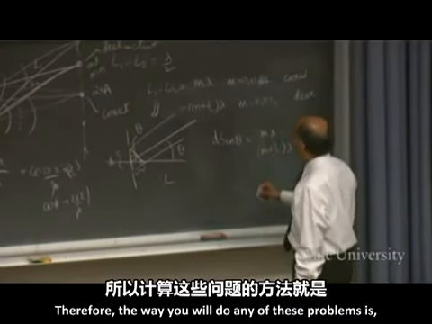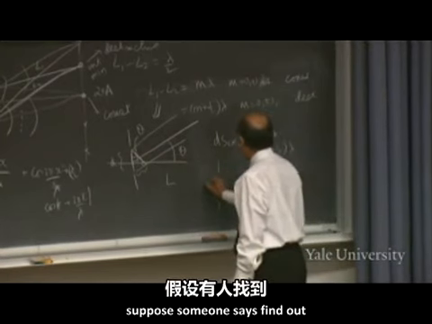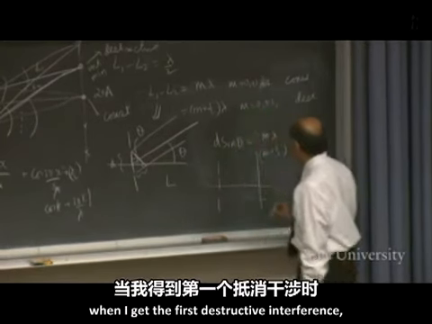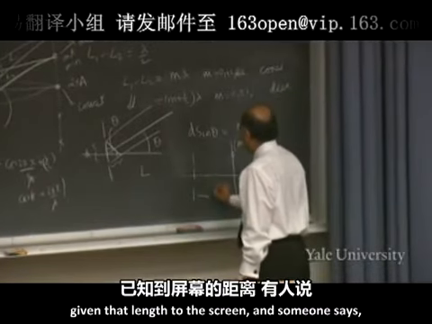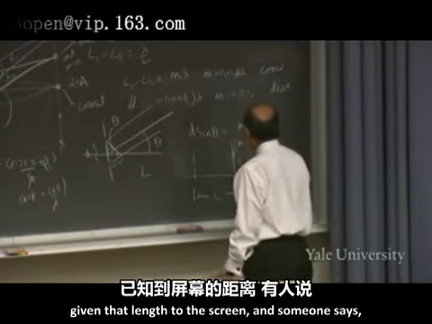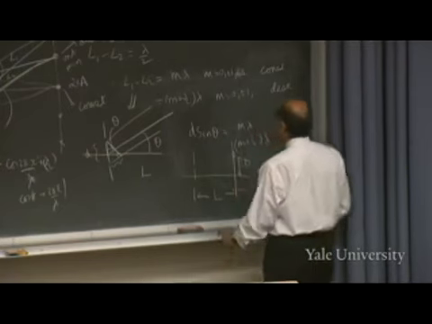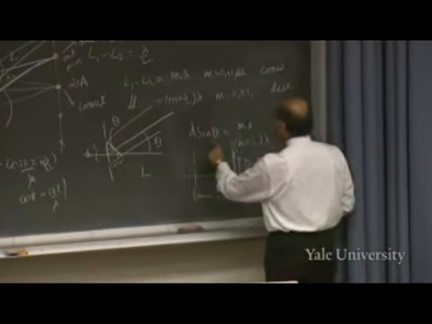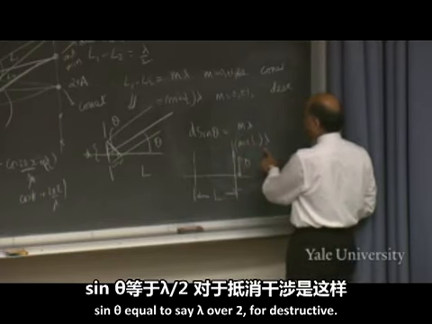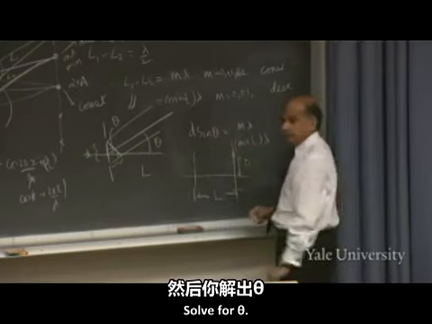Therefore, the way you will do any of these problems is, suppose someone says, find out when I get the first destructive interference, given that length to the screen, and someone says, how far should I move? What you do is you say d is the distance between the two slits, sine theta equal to, say, lambda over 2 for destructive. Solve for theta.